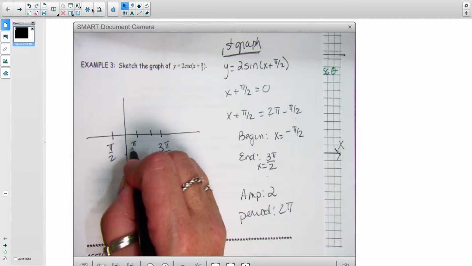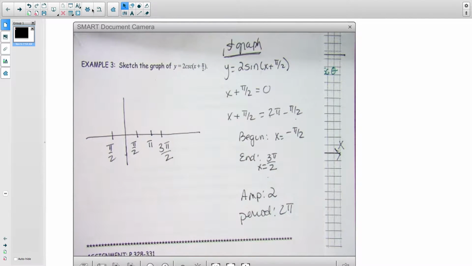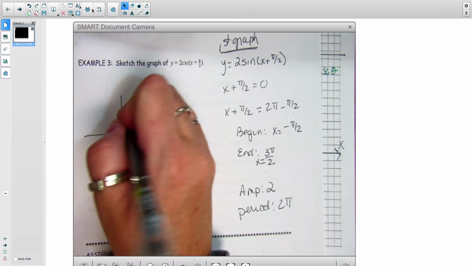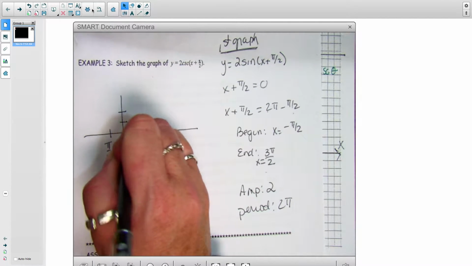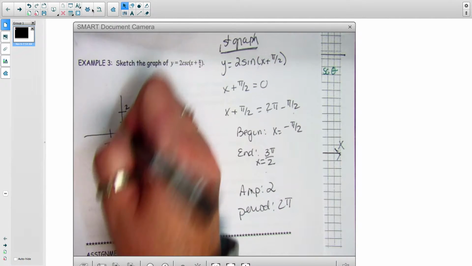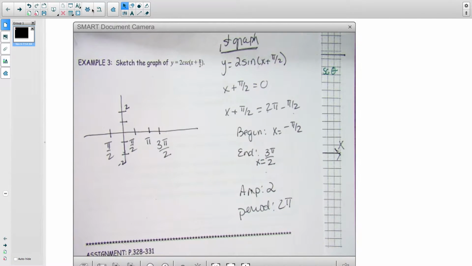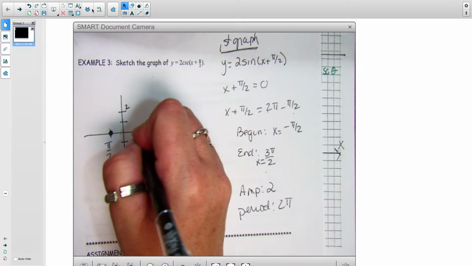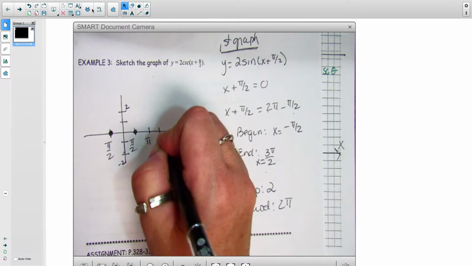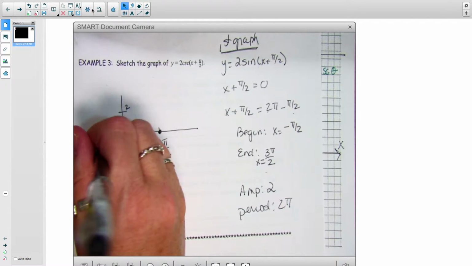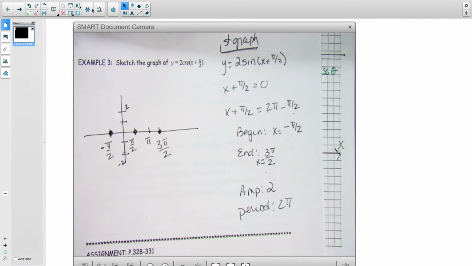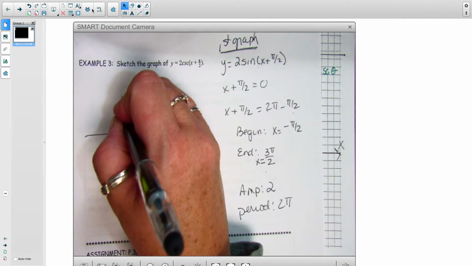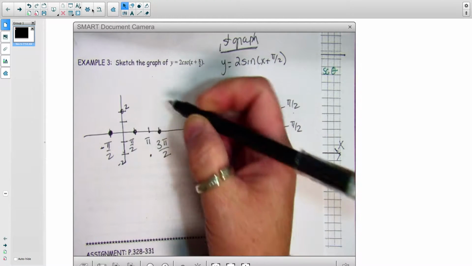This one's easy enough. Pi. So then sine is the S shape that starts at negative pi over 2, ends at 3 pi over 2. Goes up to 2, down to negative 2.